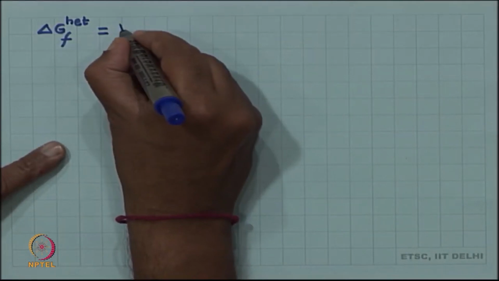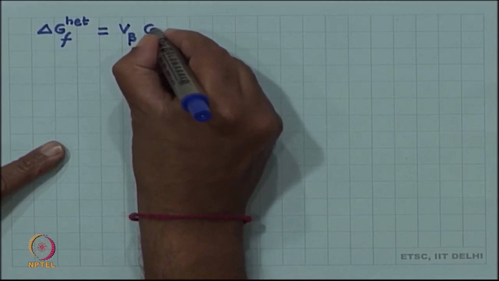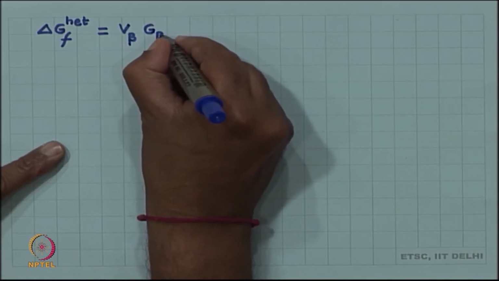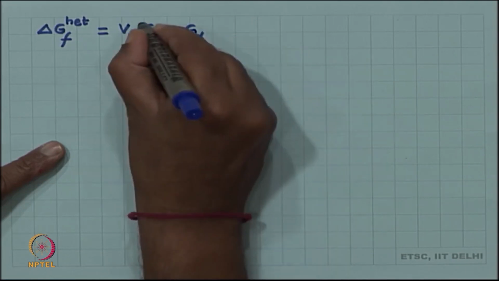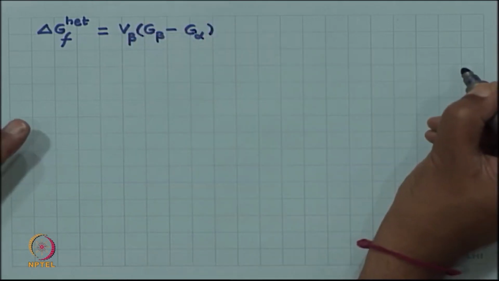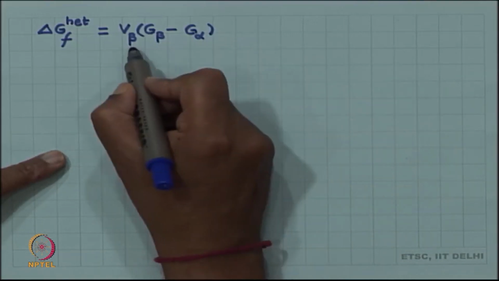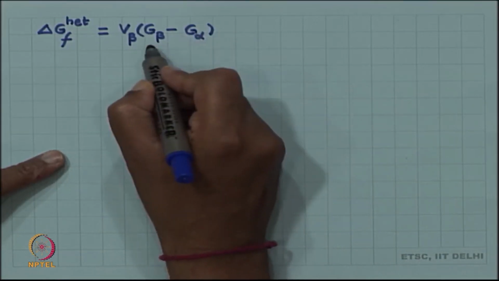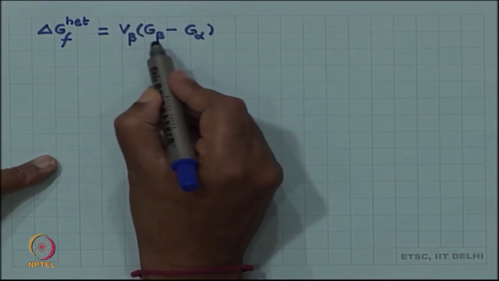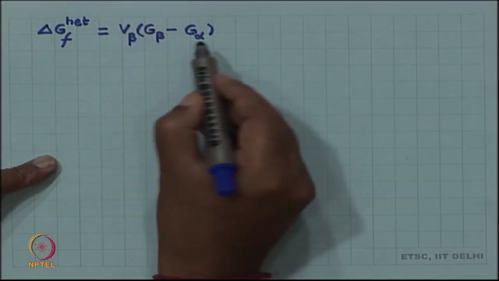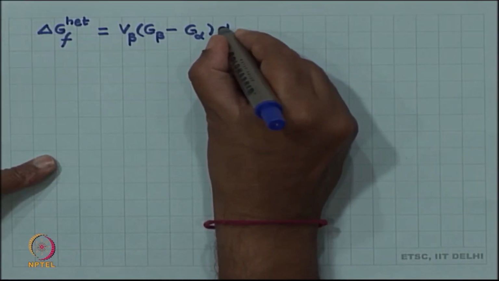That will be the volume of the nucleus, which is V beta, times the free energy per unit volume of beta minus the free energy per unit volume of alpha. Again, we are assuming that there is no volume change between beta and alpha. So, the same volume of alpha transformed into beta. So, we generated so much free energy, V beta into G beta, but we lost V beta into G alpha. This is the volume energy term.